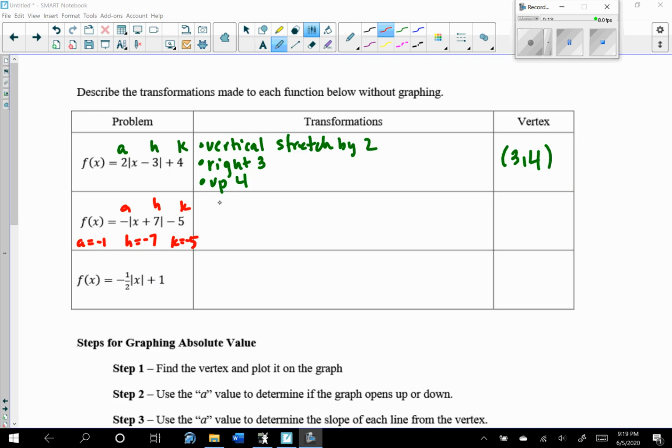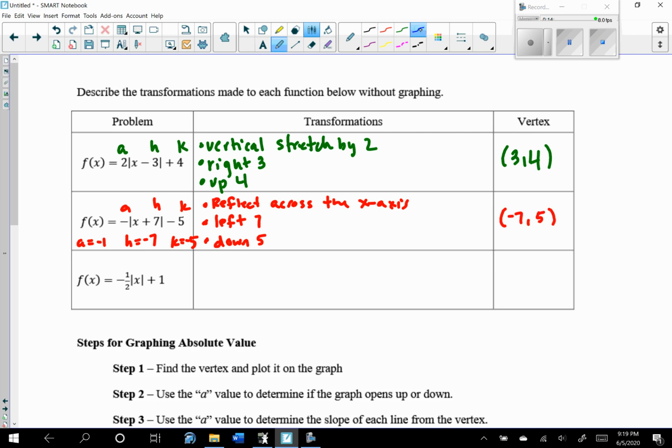So this is a reflection across the x-axis, and then that -7 moves it to the left 7, and then we go down 5. So those are all the different transformations that are being made, and the vertex is at -7, comma -5.